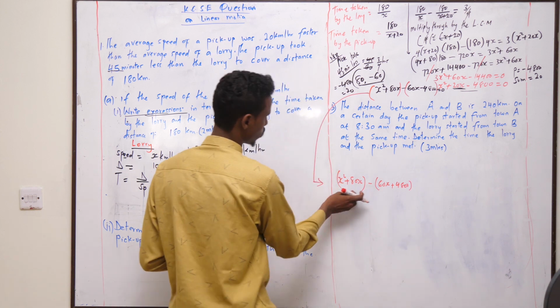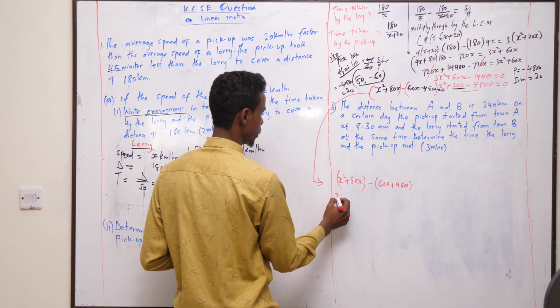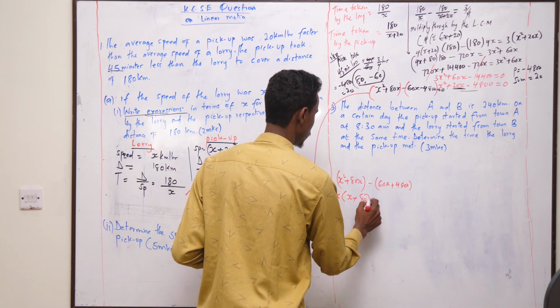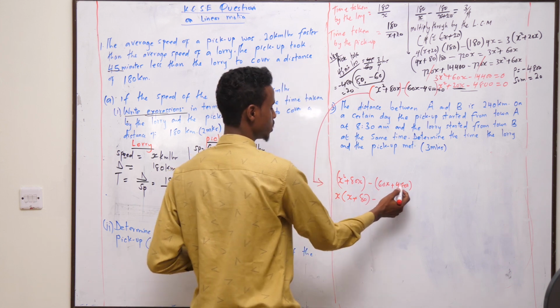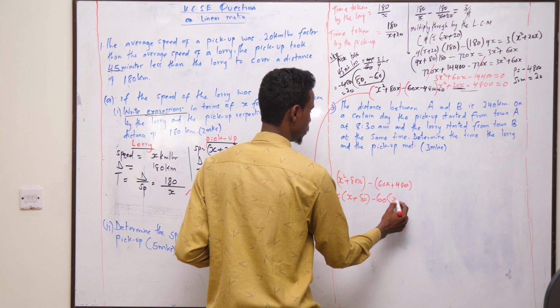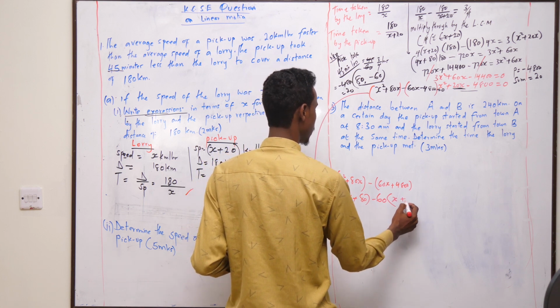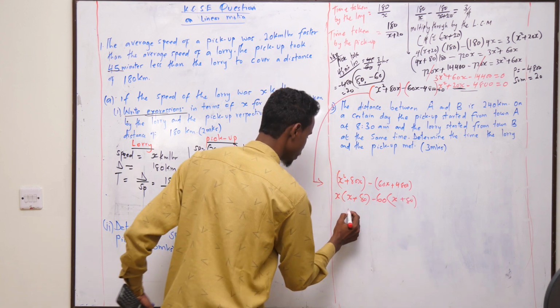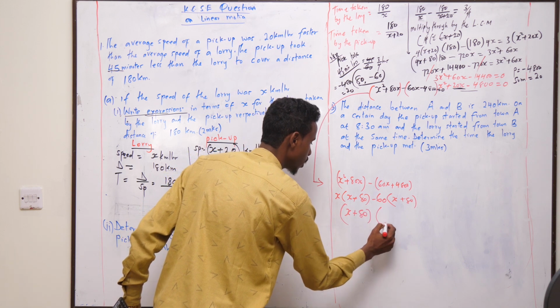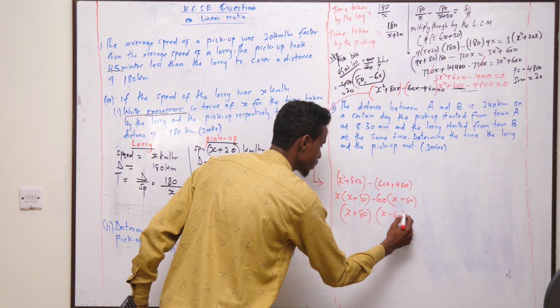Now, what is common here? It is x into bracket x plus 80, minus common is 60 into bracket x plus 80. Now we're going to get, out of bracket, x minus 60.